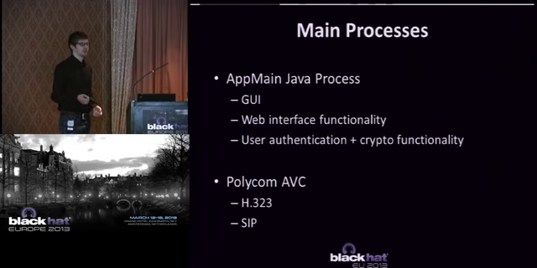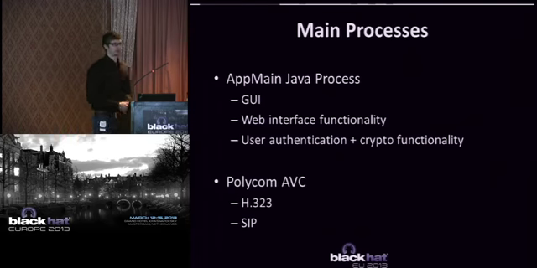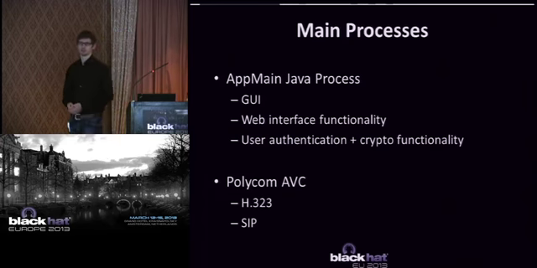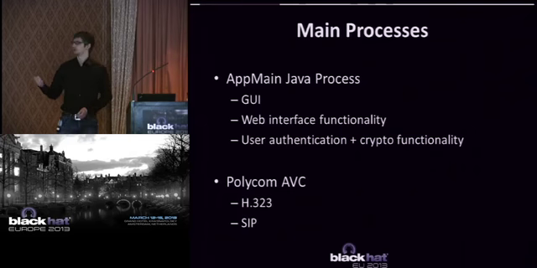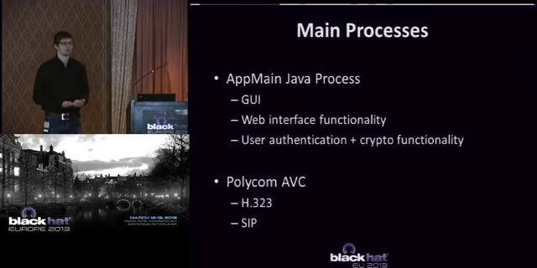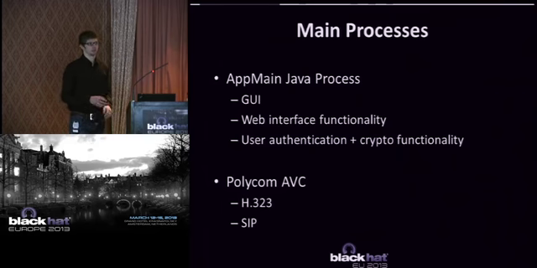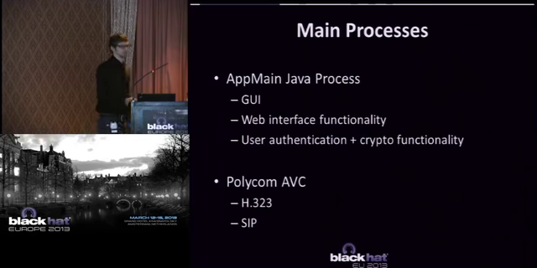For example, all the functionality available in the Polycom web interface is implemented in that process, and it also implements user authentication. So even if you log in via some command line based interface, the authentication is actually implemented in this Java process. And the second process is called Polycom AVC, which is some kind of more the low level process. And this one actually implements all the details regarding the signaling protocols.